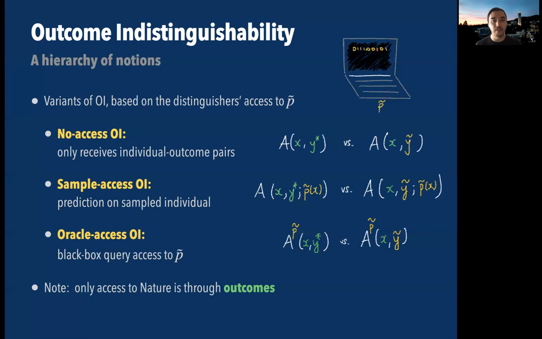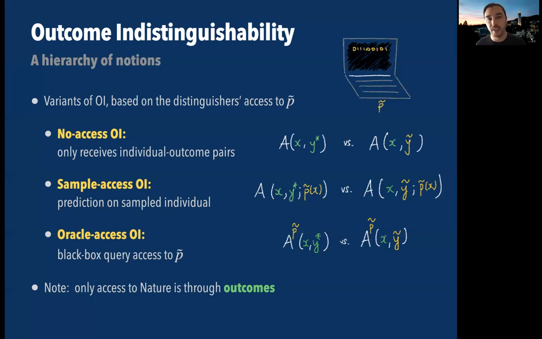And then the next level, which we'll also discuss, is oracle access OI, where instead of just getting the fixed prediction, p tilde, on the sampled individual X, the distinguisher can ask queries about arbitrary individuals after seeing the individual that has been sampled and that they need to make a binary decision about.